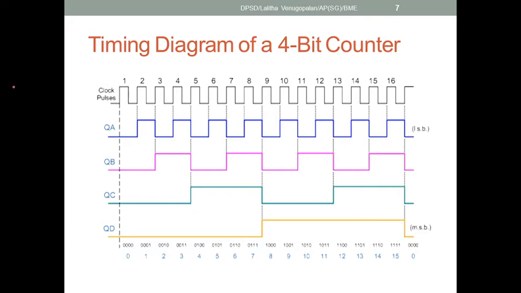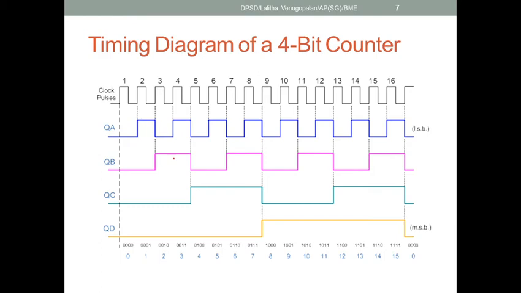If you see the timing diagram for a 4-bit up counter, I have the clock pulses. So you've got 16 odd clock pulses here. You can see that QA changes for every 2 clock pulses. Only when QA has completely changed its state, QB is changing.